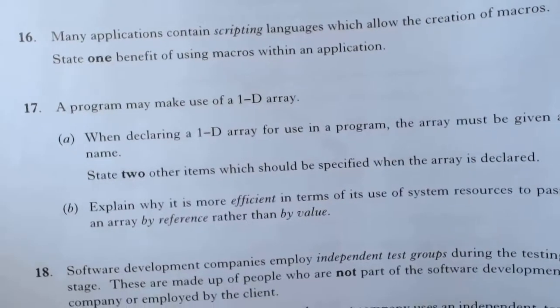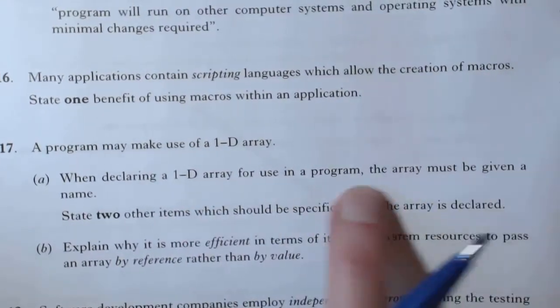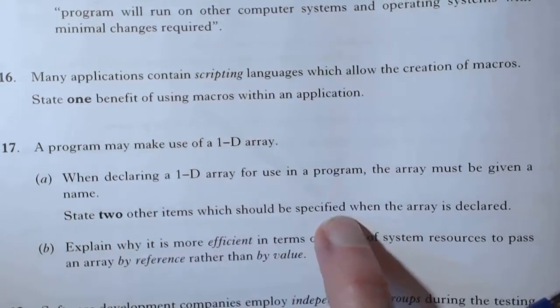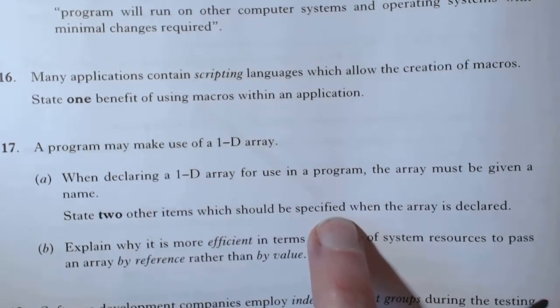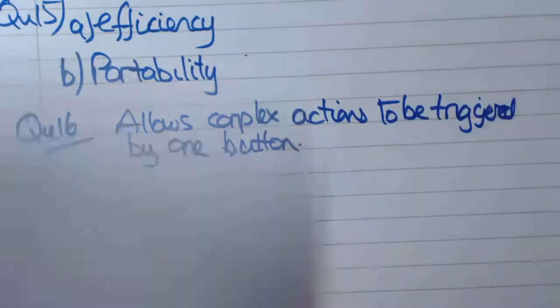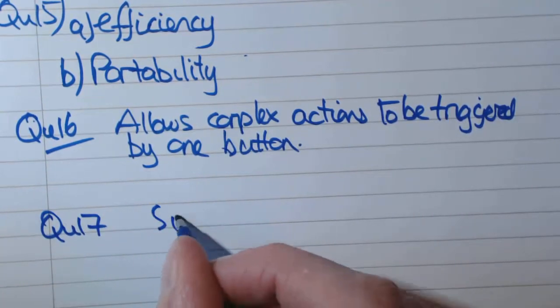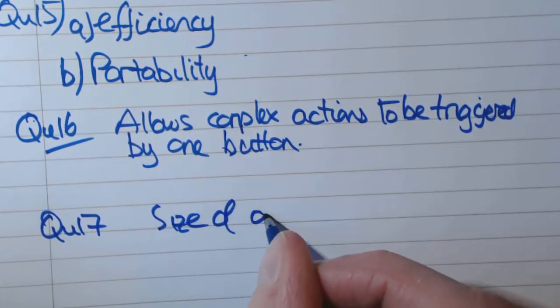Question 17: declaring a 1D array. The program must give it a name. What other two items should be specified? Okay, so you need to specify the size of the array and the data type.